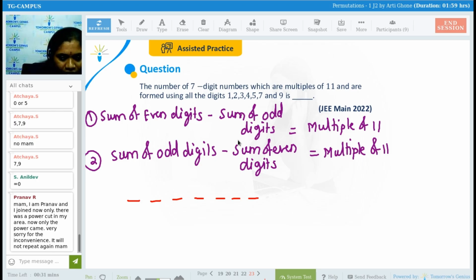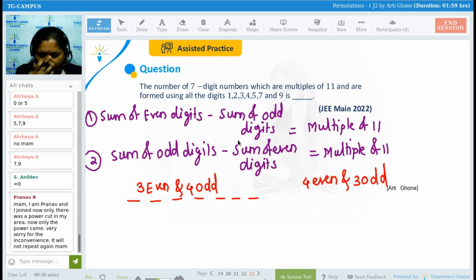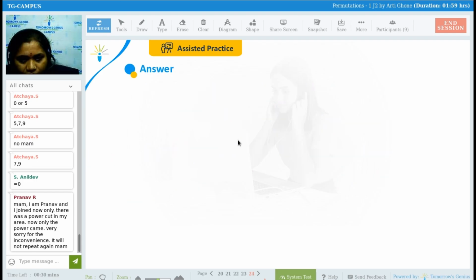In the combination of a 7-digit number, there are two possible cases: 3 even and 4 odd places. This is case 1, or 4 even and 3 odd. Clear? Okay. Sum of 3 even and 4 odd, or sum of 4 even and 3 odd. These are the possible cases. Up to this is clear. This is all about the hint of the question.